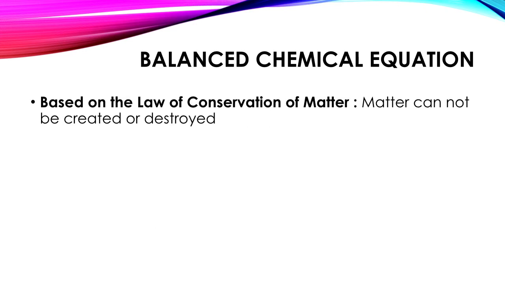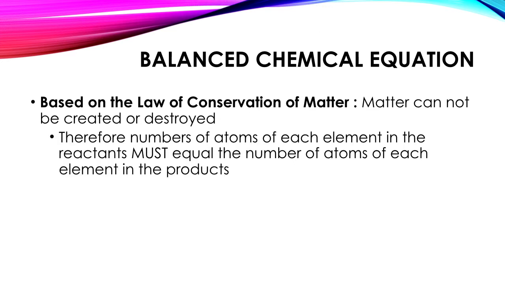The next kind of equation that we're going to talk about is a balanced chemical equation. And the balanced chemical equation is based on the law of conservation of matter, which states that matter cannot be created or destroyed, which means that the numbers of atoms of each element in the reactants must absolutely equal the number of atoms of each element in the products.